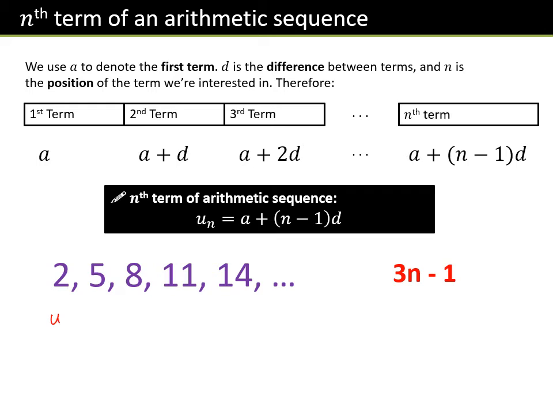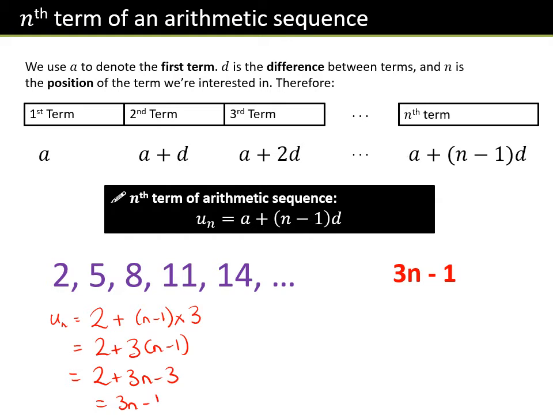Here, my nth term, u_n, is my first term, which is 2, plus (n minus 1) times my difference here, which is 3. Well, normally I would write that 3 at the front of the brackets. So 2 plus 3 times (n minus 1). We'll multiply that out and then simplify, and we get 3n minus 1.